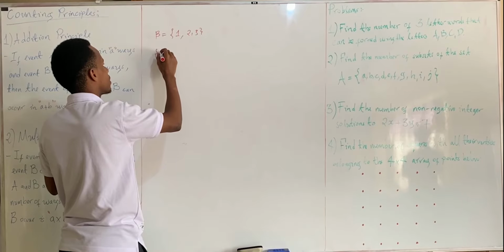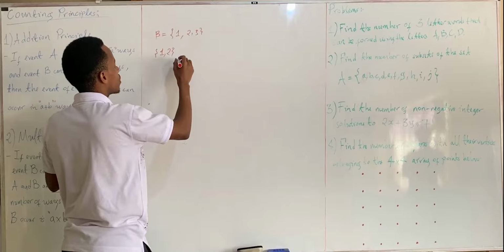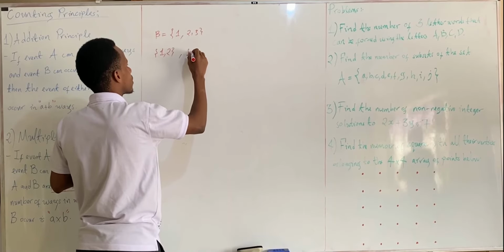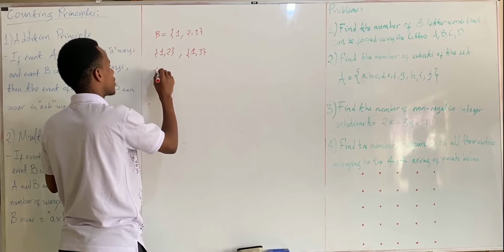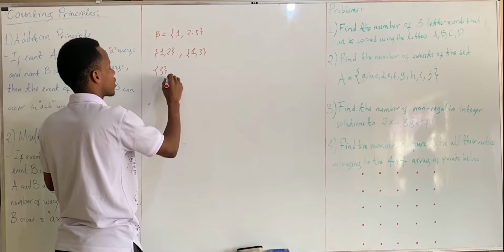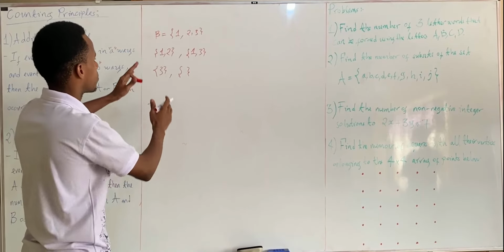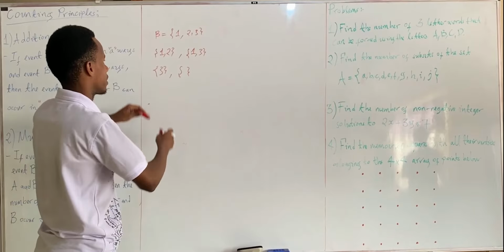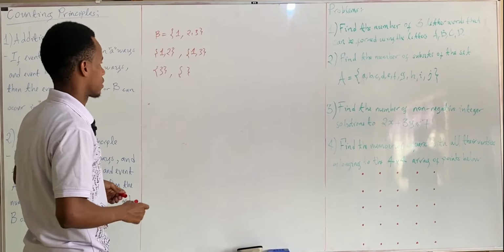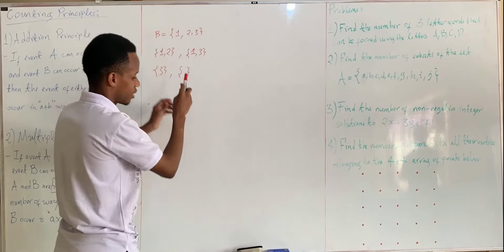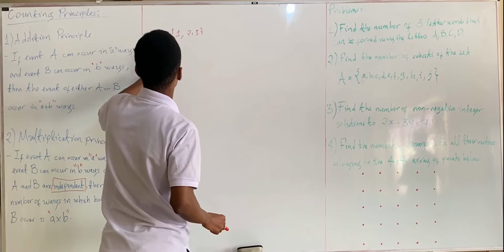So a subset of B can be 1 and 2 like this, or it can be 1 and 3, or it can be 3 itself, or it can be an empty set. As long as it is a part of the original, larger set, it is called a subset of the original set. So in this case, the total number of subsets of B, we can try to list them down.